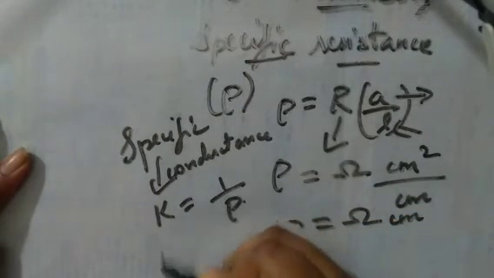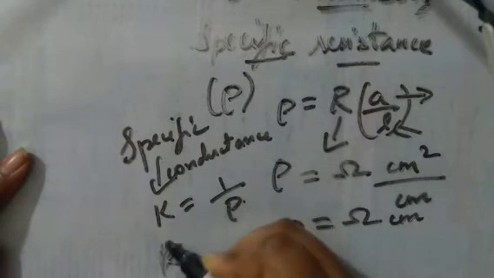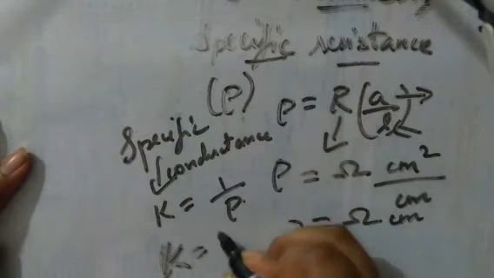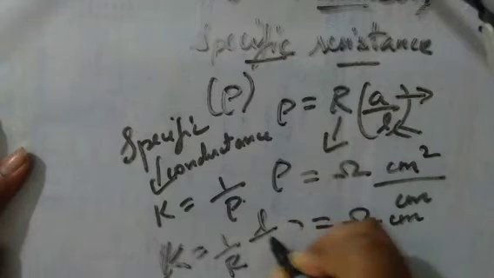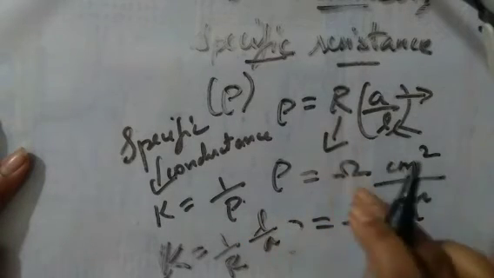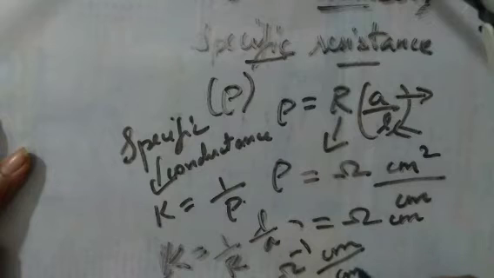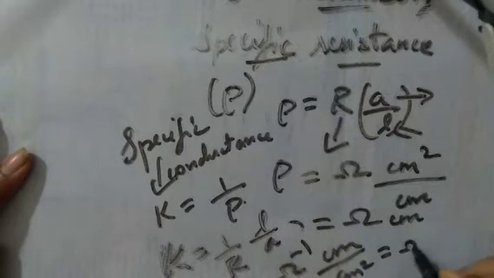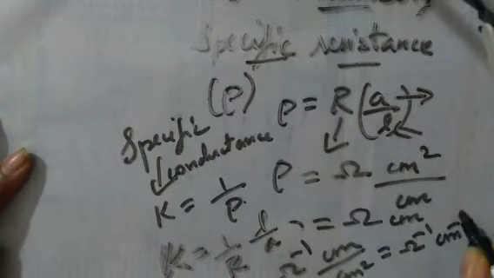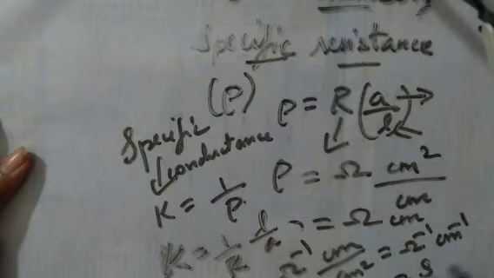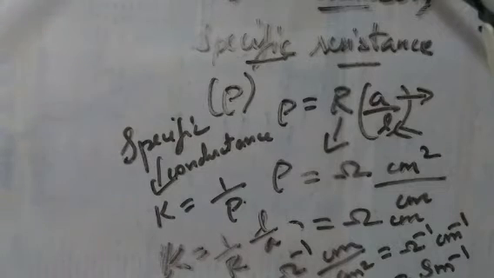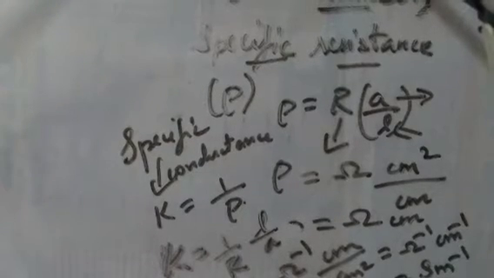So kappa is equal to 1 by R L by A, because it would be the reverse of the specific resistance. So 1 by R would be mho, and this centimeter by centimeter square would give you mho per centimeter. That would be given Siemens per meter in SI unit. So this is all about specific resistance and specific conductance.